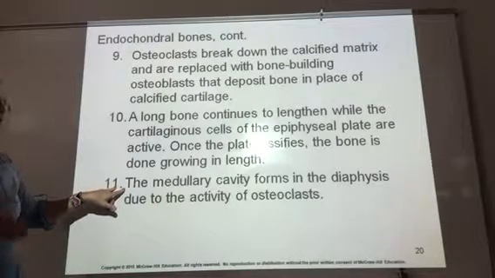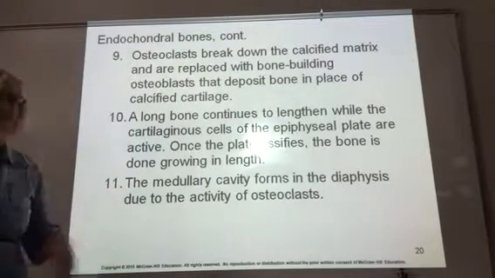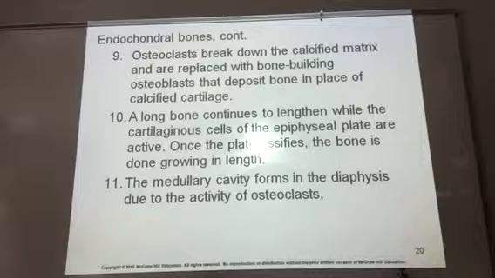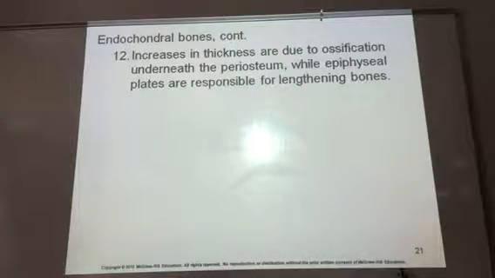The medullary cavity forms in the diaphysis, and that forms because osteoclasts are going to hollow out the center. And then as you grow, your bones are going to increase in thickness. Ossification helps with that. Epiphyseal plates are responsible for length growth.